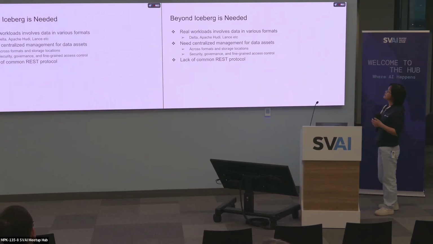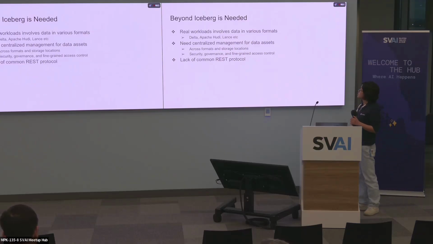Those platforms need centralized management for all their data assets, across different formats and data locations, with centralized security, governance, and fine-grained access controls. However, today we lack a common REST protocol to help catalog services manage all those data assets together.